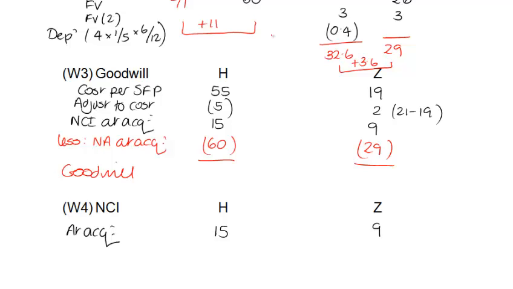Because the dividends have been paid out of retained earnings, they've already been adjusted for in the books of the subsidiary. In the books of the parent, they've been incorrectly allocated. This is a dividend from a subsidiary to a parent, so it comes out of the retained earnings.